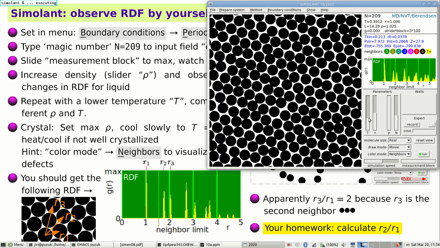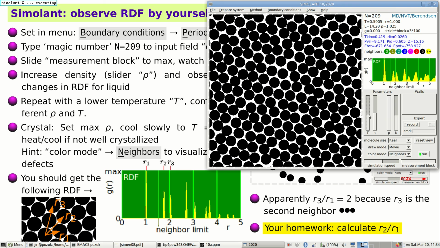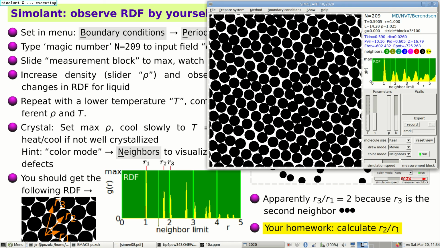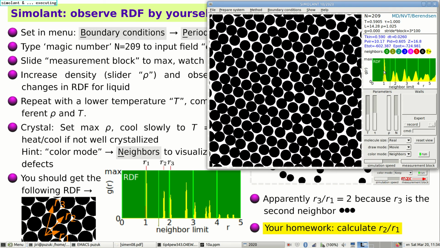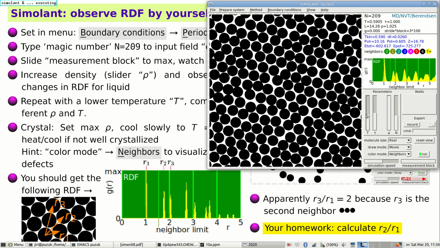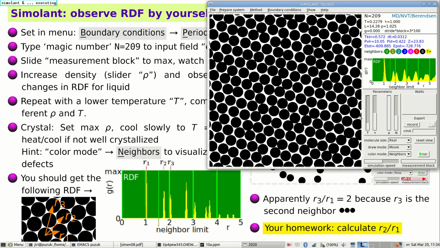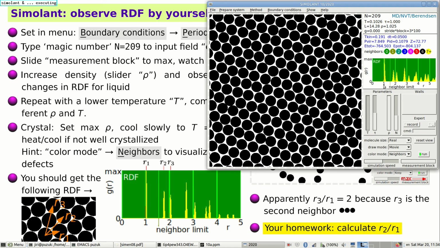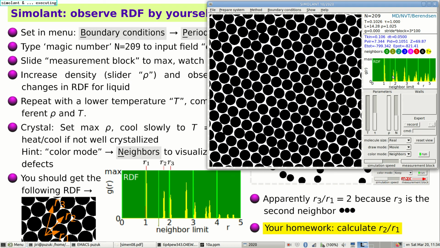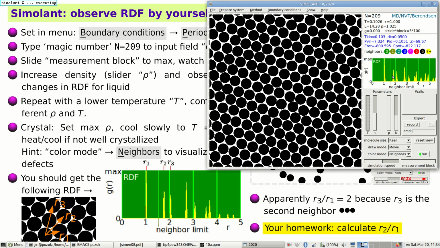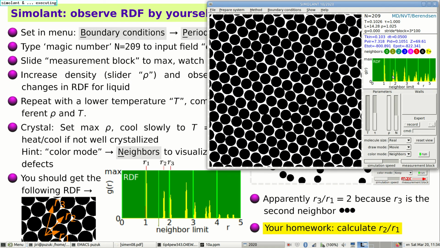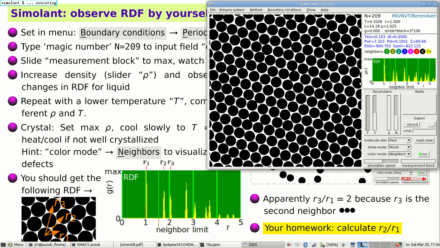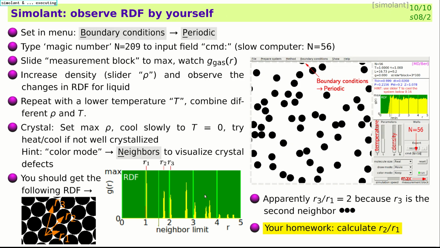Still, I can add a bit more heat into the system, so the system fluctuates more and these peaks are wider. But if I decrease temperature, I am getting very narrow peaks. You can see a print screen of this radial distribution function here.